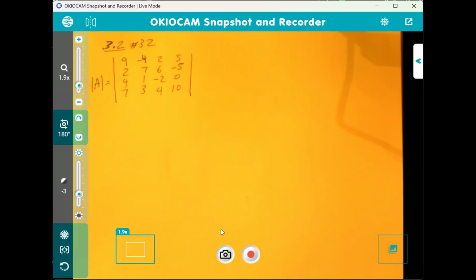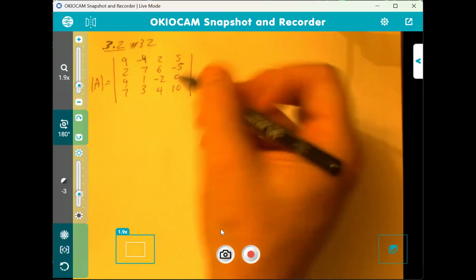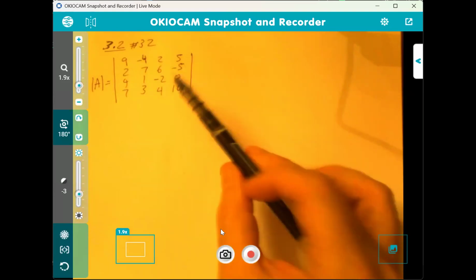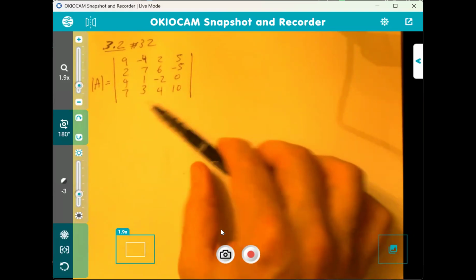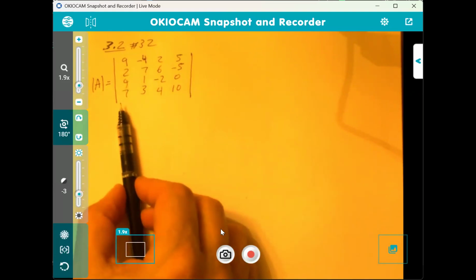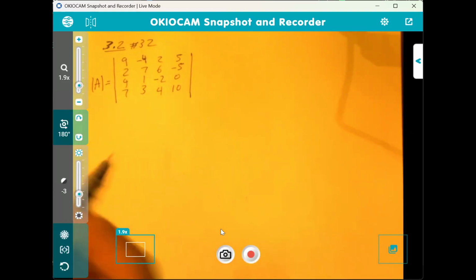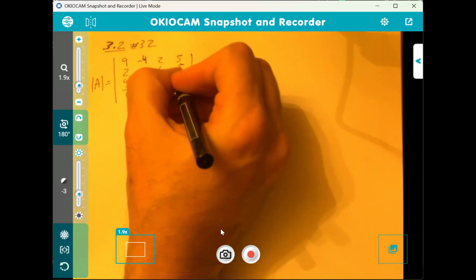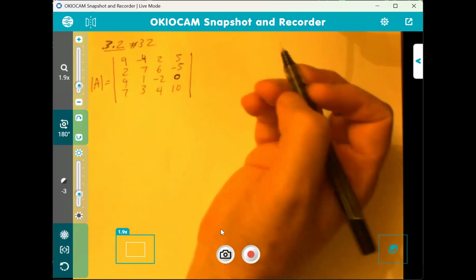But let's use elementary row operations to create as many zeros as we can in either a row or in a column. For instance, I see that zero there. That's the guide for me.